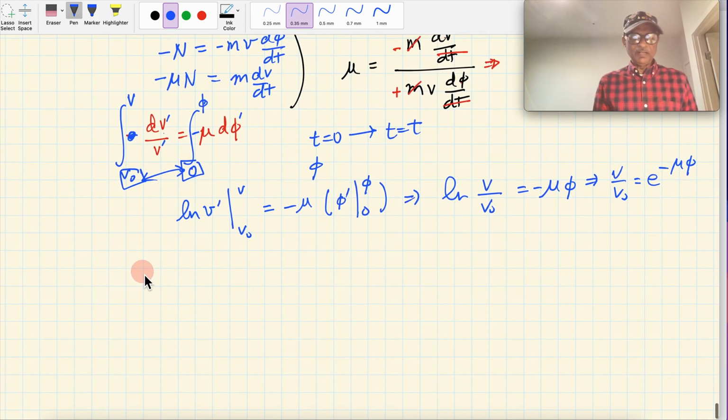So v at time t is v0, which is at time 0, e to the minus mu.